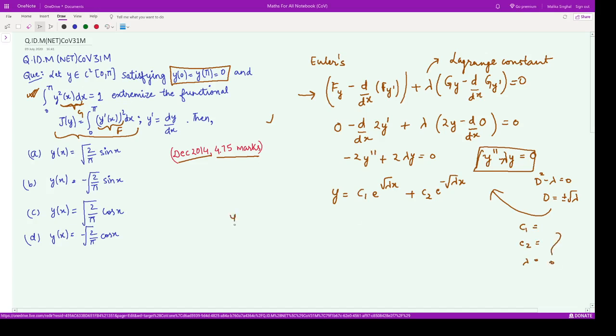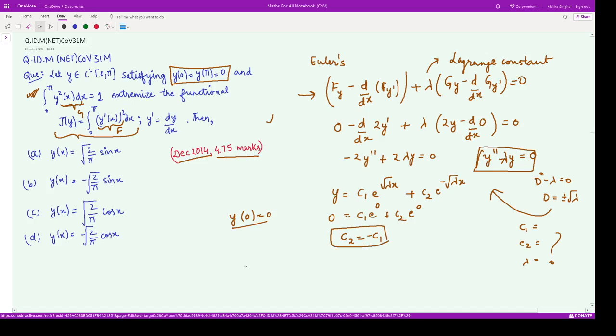So firstly let us substitute y of 0 is equal to 0. So we have 0, in place of y you will write 0, c1 e to the power 0 plus c2 e to the power 0. So you will basically get c2 is equal to minus c1. This is one condition.